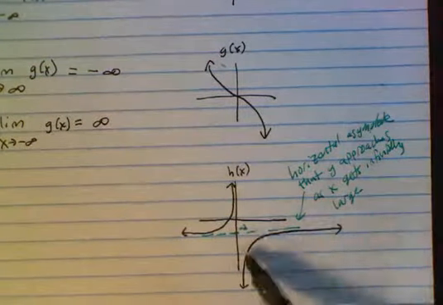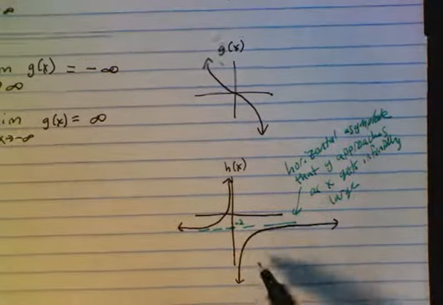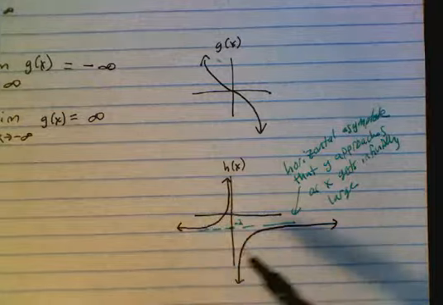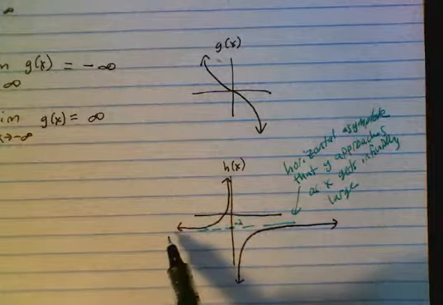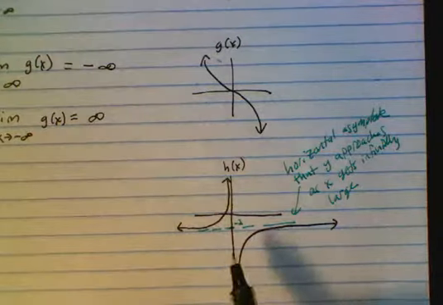Now, when we're over here, the curve is more than welcome to cross it and go up and down and up and down. It's just that as x gets bigger and bigger, or as x gets more and more negative, it should start to approach, but probably not touch, this horizontal asymptote.